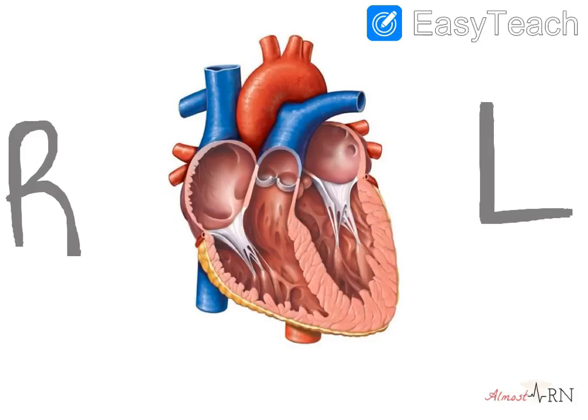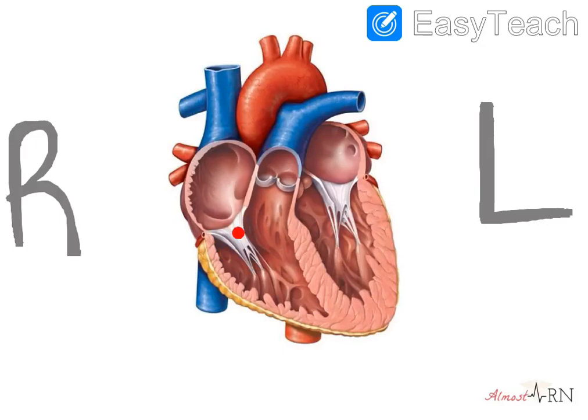So we're going to start over here, and this is the superior vena cava. Down here is the inferior vena cava. Right here, you have your right atrium. This white thing is your tricuspid valve, tri meaning 3.